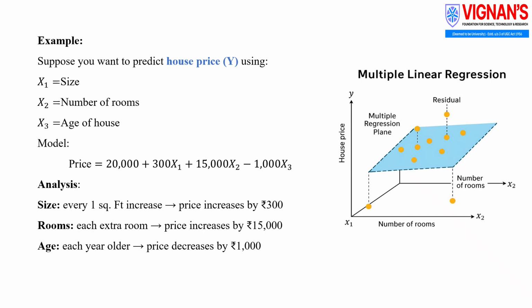The vertical distance between a data point and the regression plane is called the residual. Residuals represent the prediction error of the model. Multiple linear regression estimates house prices by learning a plane that relates multiple input variables to a single output variable.